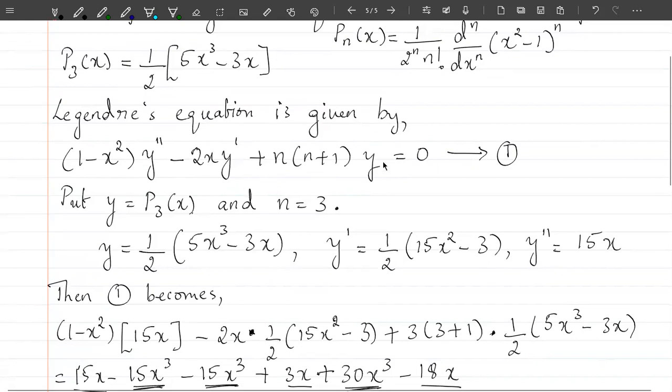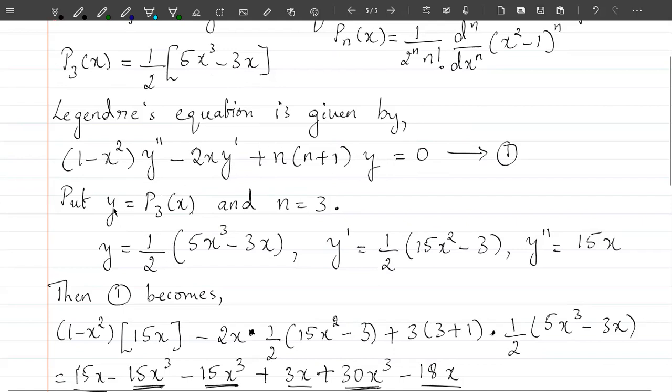Now here I have to take the value of y as P3 of x, and what should be the n value? We are taking P3 of x here, so n is equal to 3. So now in this equation, whenever you replace y by P3 of x, you should get the LHS equal to the RHS, that is both sides should be equal to 0.